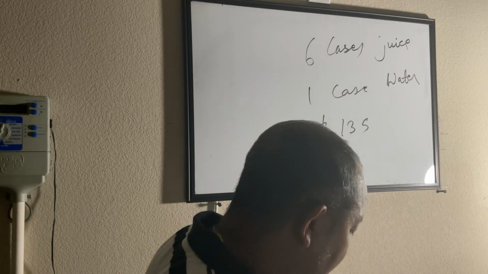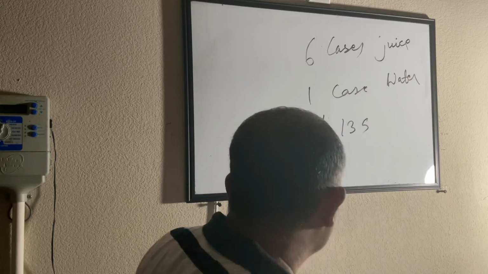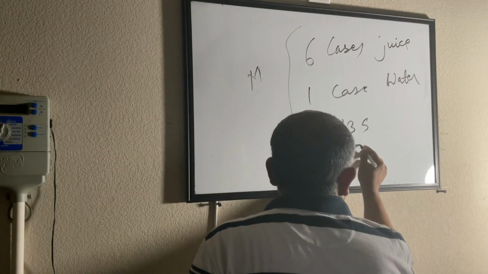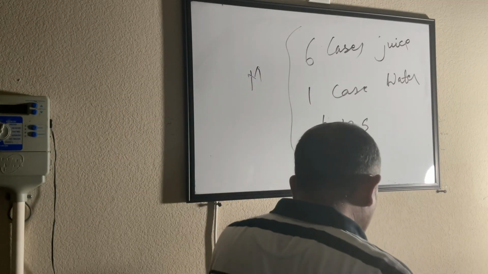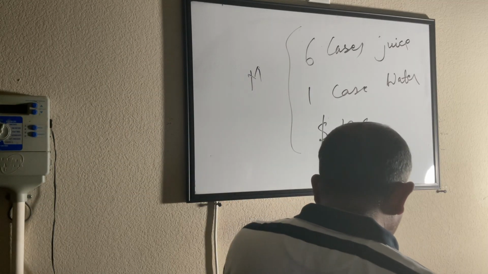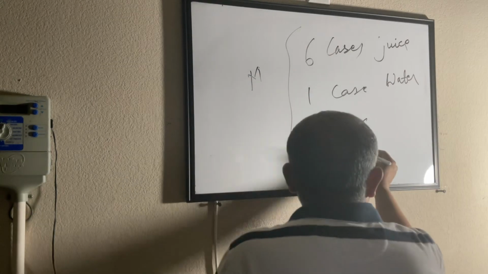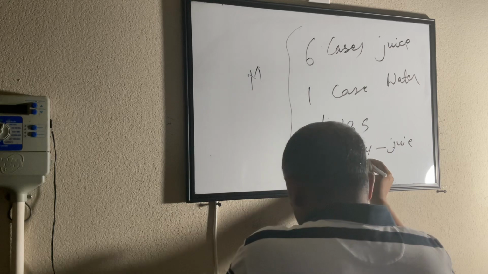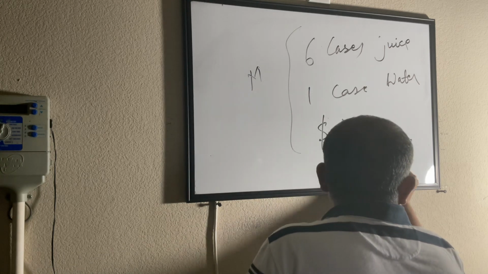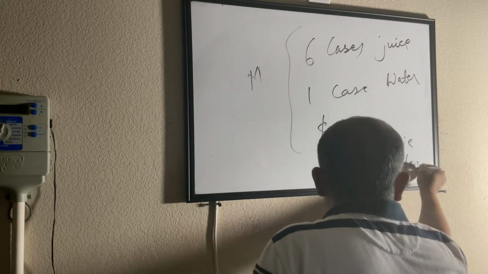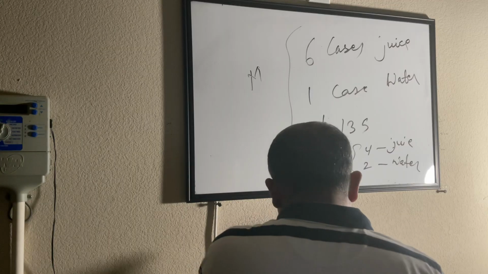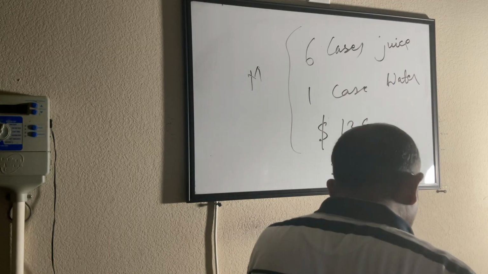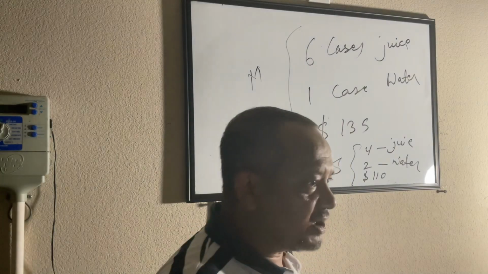The science department bought 4 cases of juice and 2 cases of bottled water, for a total of $110. How much did a case of juice cost? That's the question.